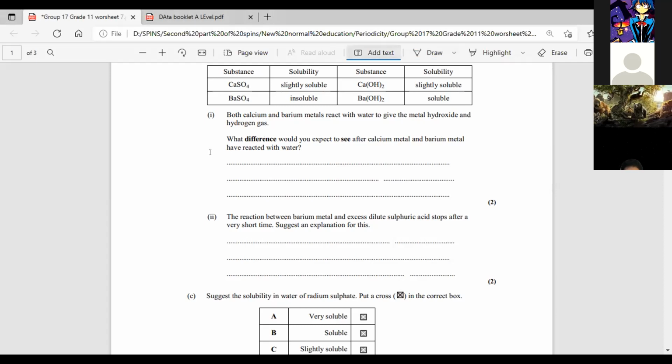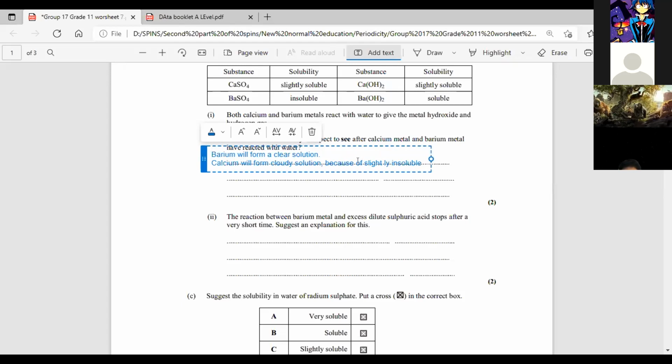So here barium will form a clear solution, while calcium will form a cloudy solution because it is slightly soluble.